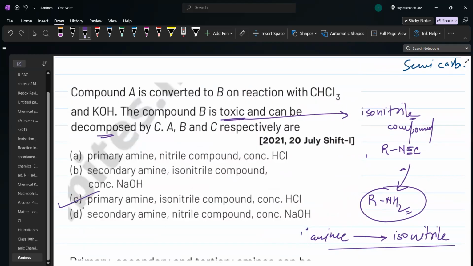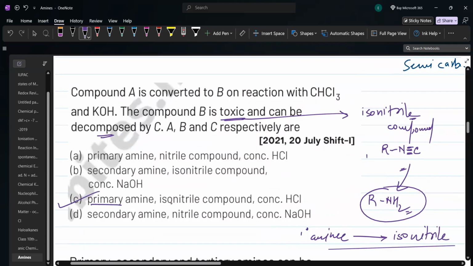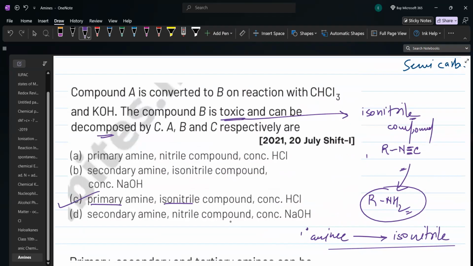So only this is the option where primary amine and isonitrile are given and none other option is given like this. So this is the correct option. Okay.